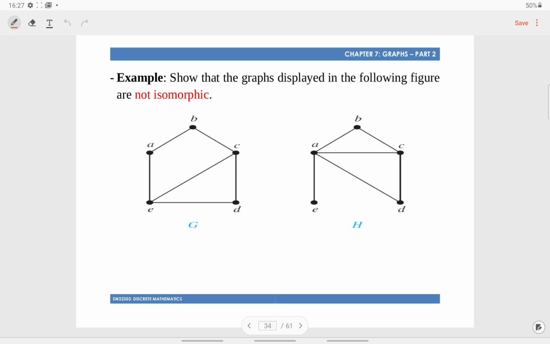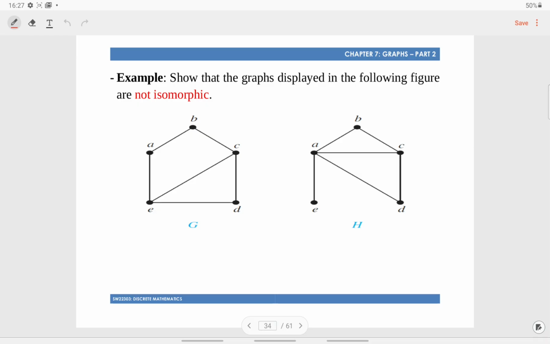Another example with the same question, but this time you need to show that the given graphs G and H are non-isomorphic. Showing that graphs are non-isomorphic is easier than showing that they are isomorphic. Your task is to find evidence.